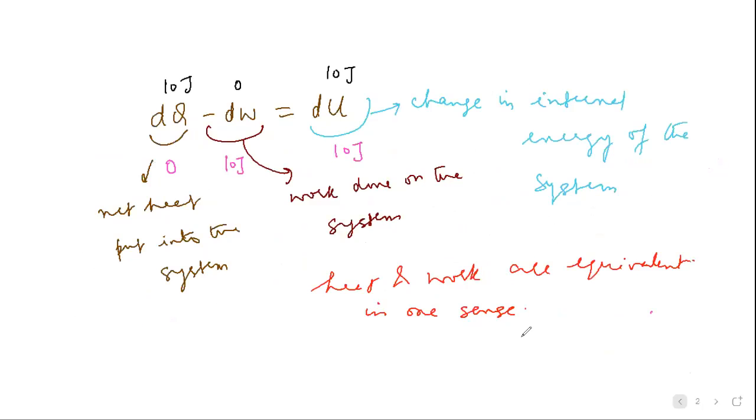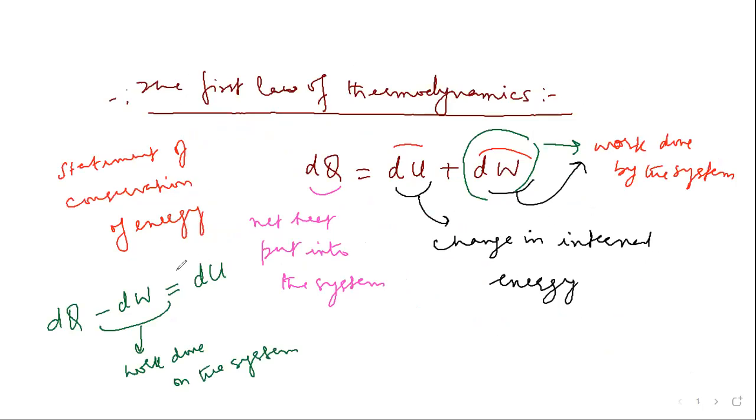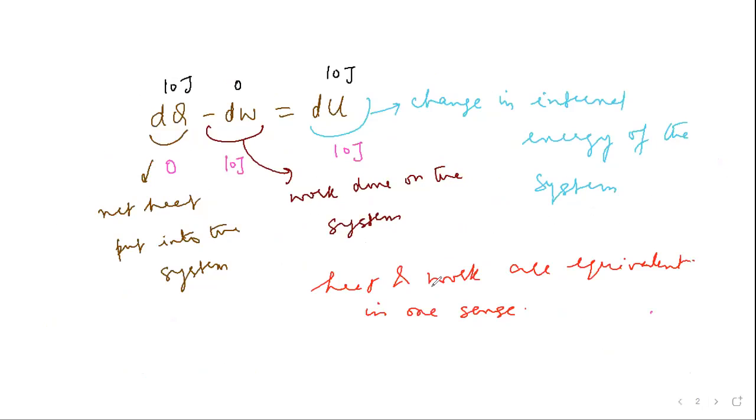First thing I said, that in one sense, heat and work are equivalent. I can put heat into the system and increase the internal energy. I can do work on the system and increase the internal energy by the same amount.